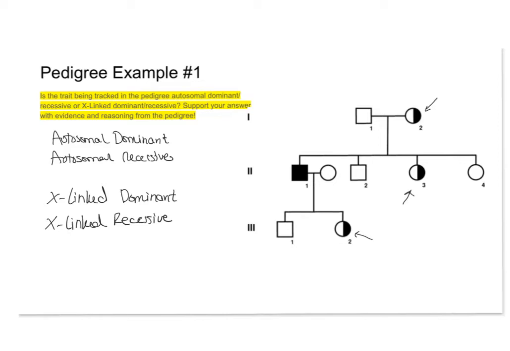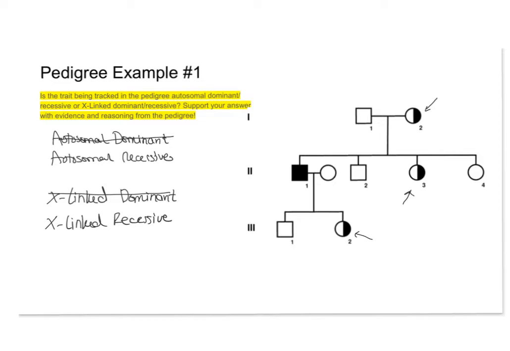That is not possible if the trait is dominant, because we know that as long as you have one dominant allele, you'll express the dominant phenotype. So just by the fact that there are three carriers in this pedigree, we can eliminate autosomal dominant and X-linked dominant, because again, that's not possible if there are carriers present. So then that leaves autosomal recessive or X-linked recessive.